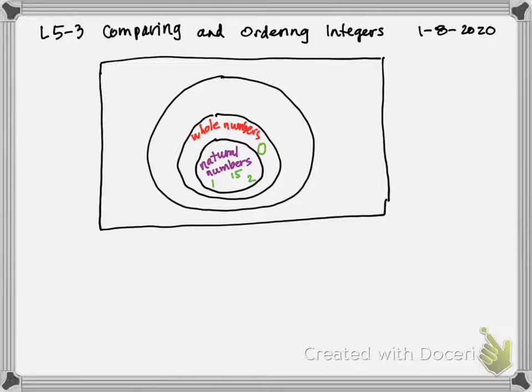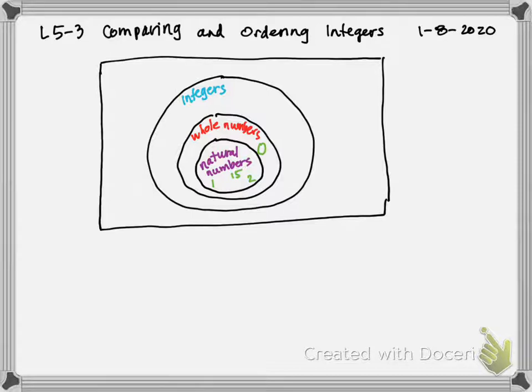All right, and then we go into that big title that we had the other day, and that is the integers. So notice that inside of whole numbers is natural numbers. So natural numbers are part of the whole numbers. Now that we're going to integers, whole numbers and natural numbers are part of integers.